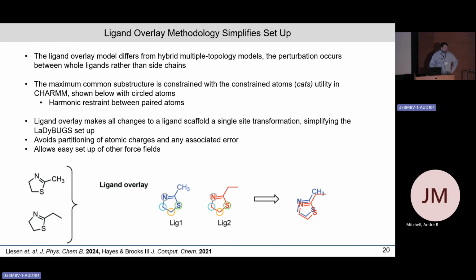A lot of these are small molecules, and so a lot of the motion that's happening during the simulation in that maximum common substructure area is going to be very similar between the different ligands, and so it doesn't really seem to affect the free energy results too much. And I think that's why you're seeing such good agreement with hybrid multiple topology and with our ligand overlay.